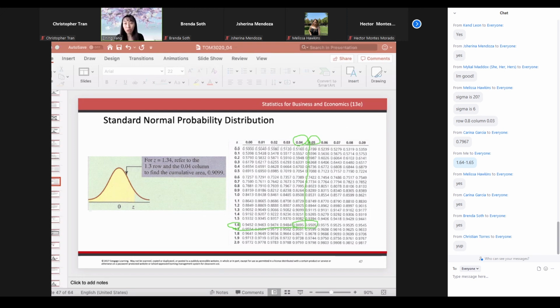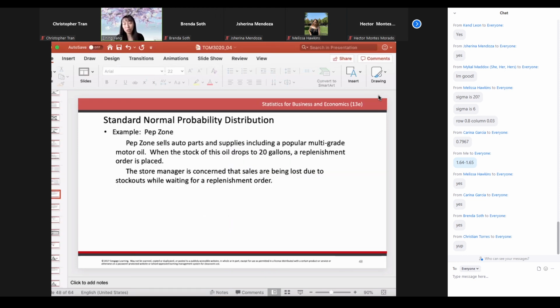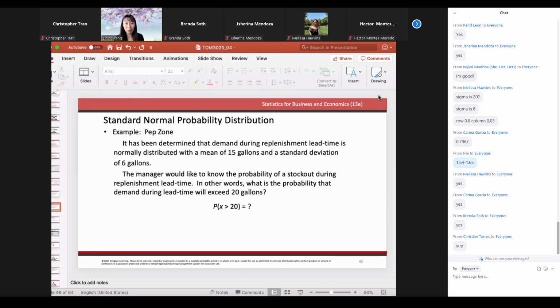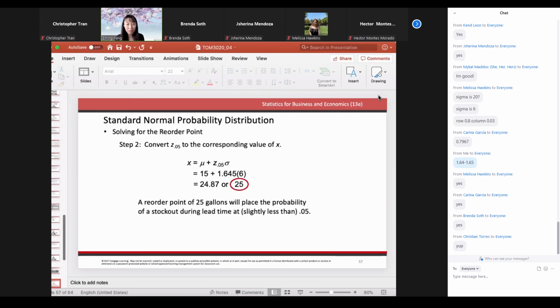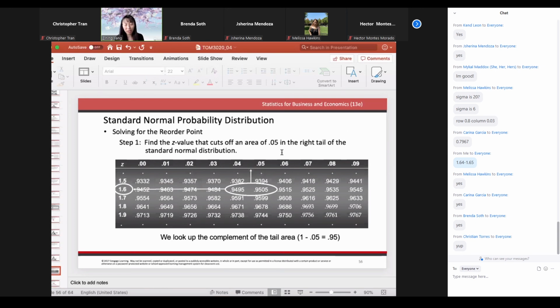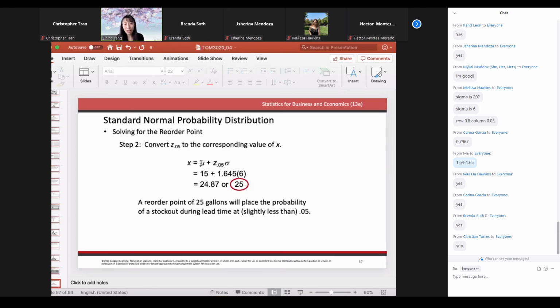So now the good news is, we figured out z. And then I just showed you, z equals x minus mu divided by sigma. So we can simply plug in what we found and solve a simple equation by moving things around.